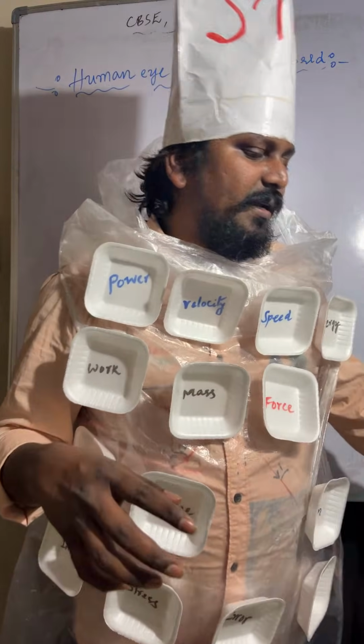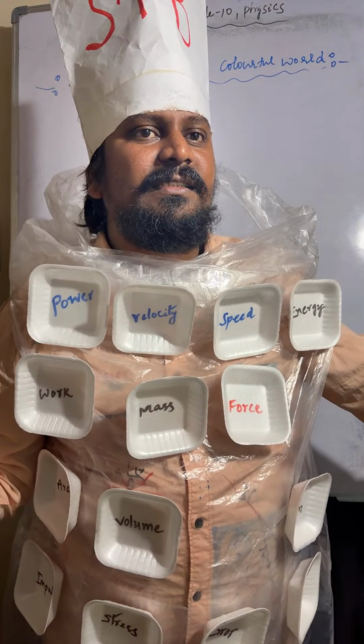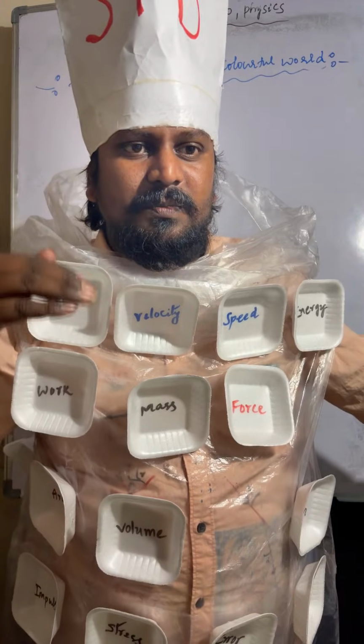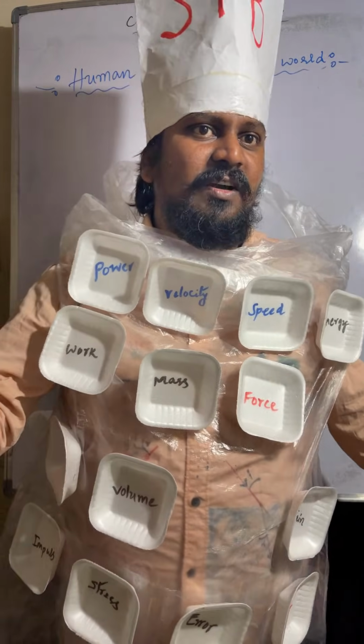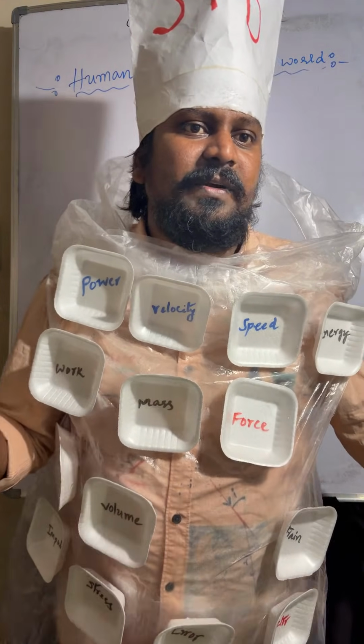Presbyopia: the person can't see near distance as well as far distance. To correct the defect, we use a bifocal lens. The upper portion is a concave lens, the lower portion is a convex lens. Understood or not? I hope it is very clear.